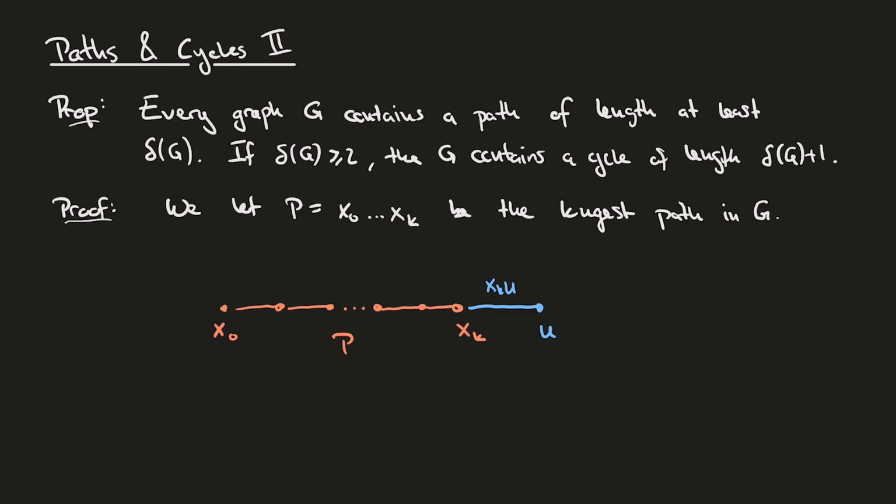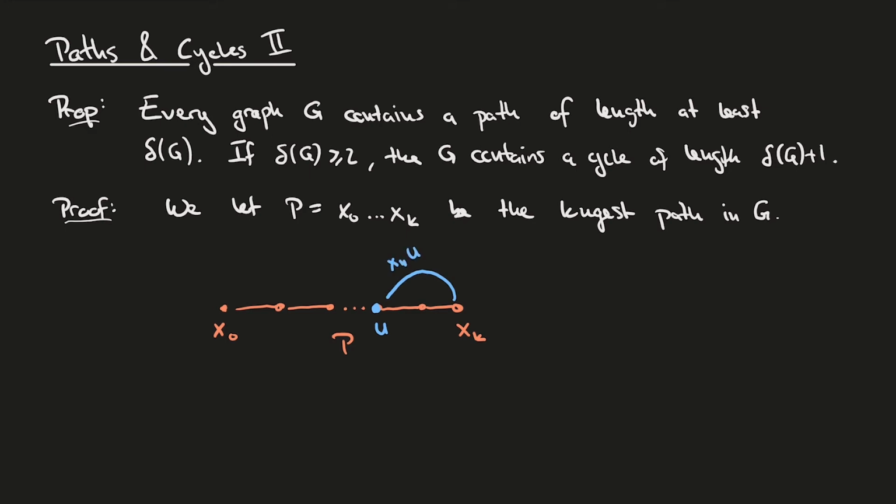Therefore, we conclude that U must lie on the path already. Otherwise, we would be able to extend it further, which is a contradiction. So in fact, the picture I've drawn this way is misleading. The real situation is as follows, namely that U lies on the path P, and that the edge xku goes like this.